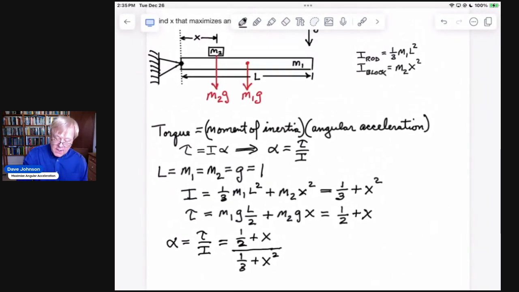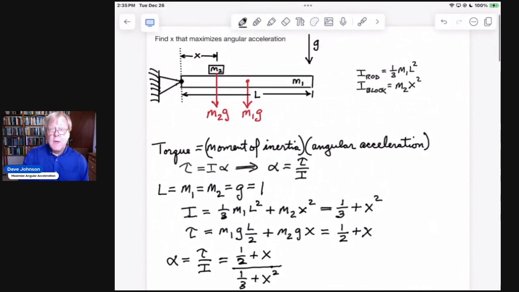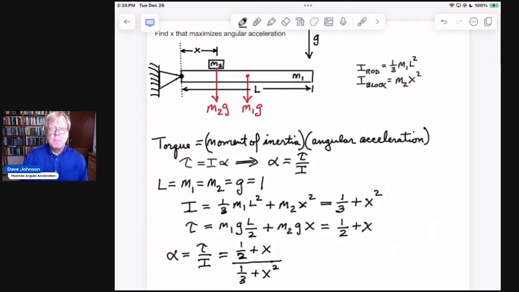Now, from here, it turns into just a basic calculus problem. But I do want to mention, so I said at the beginning of the video that there was something that was puzzling me. I was thinking, and this was a bad intuition on my part, and I'm not perfect. I looked at the problem and I said, well, if you want to maximize the angular acceleration, you put the block all the way to the end because that would maximize the torque.